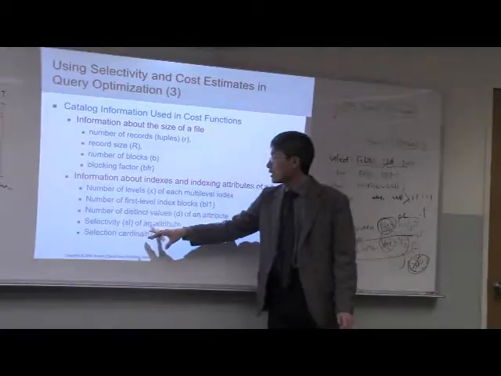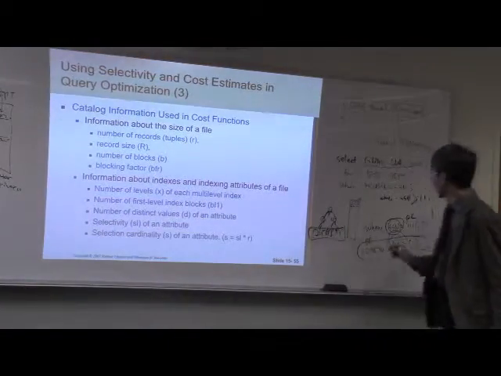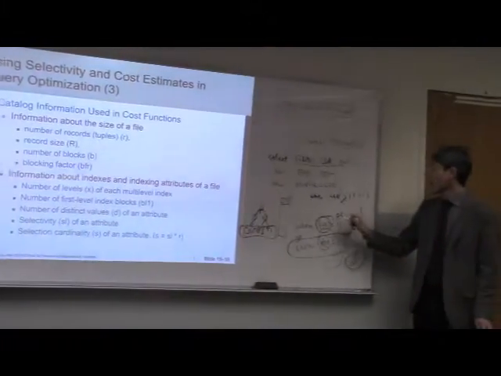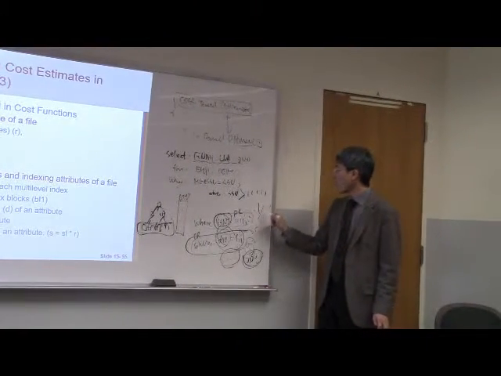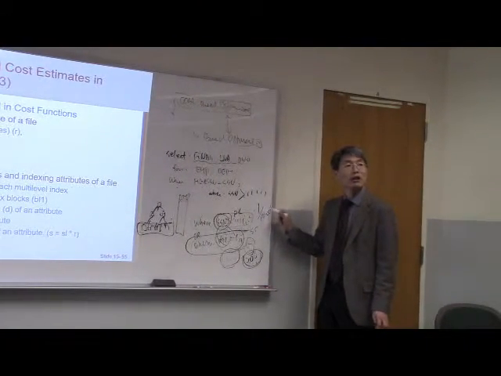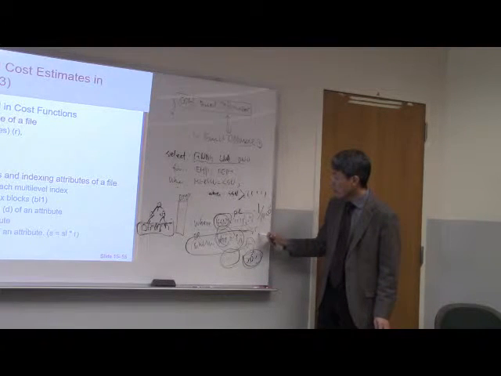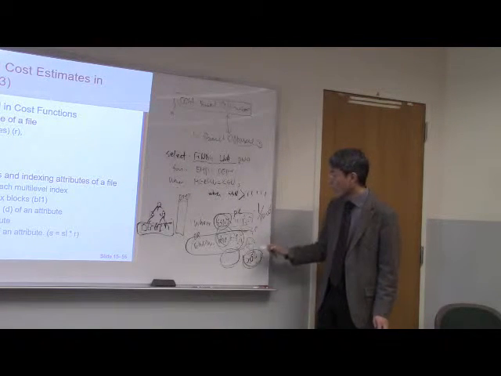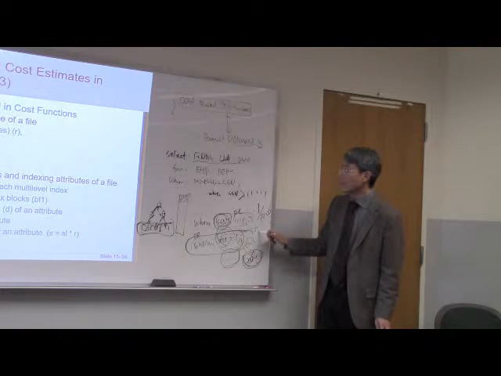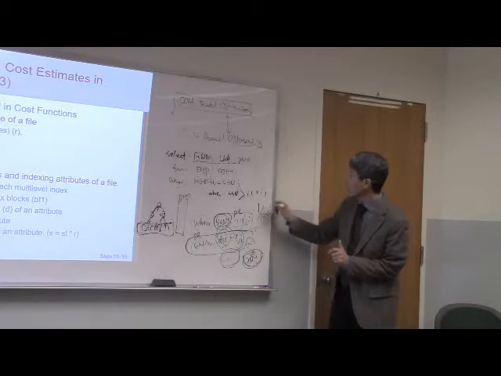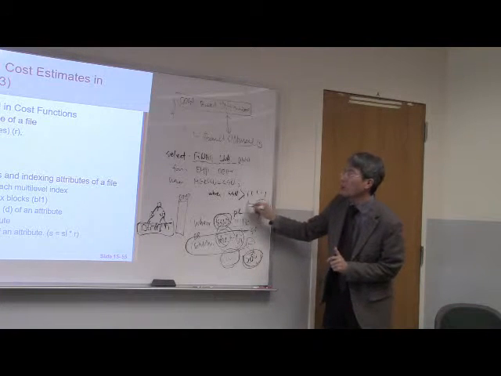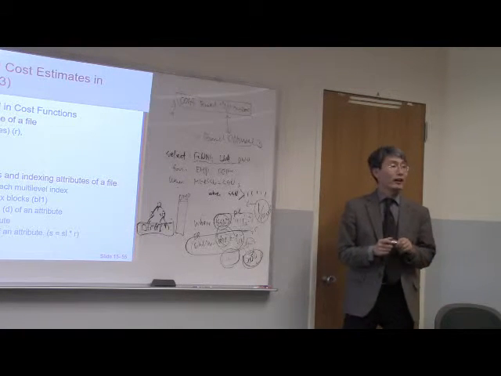Then selectivity: for example, we have 1,000 records and this one is 1 of 1,000. How many different values? It's 1 of 1,000, so this is called the selectivity percentile.